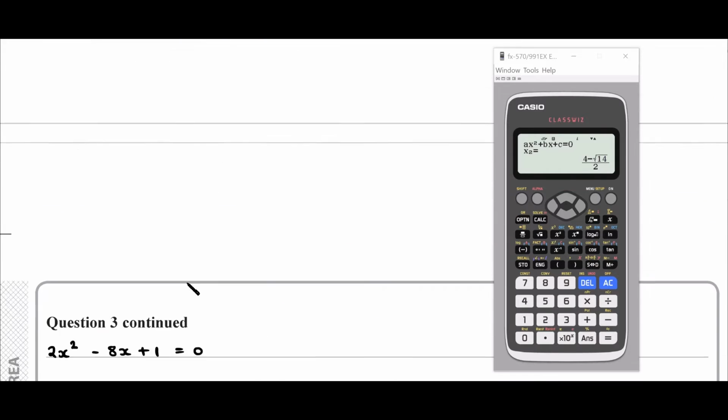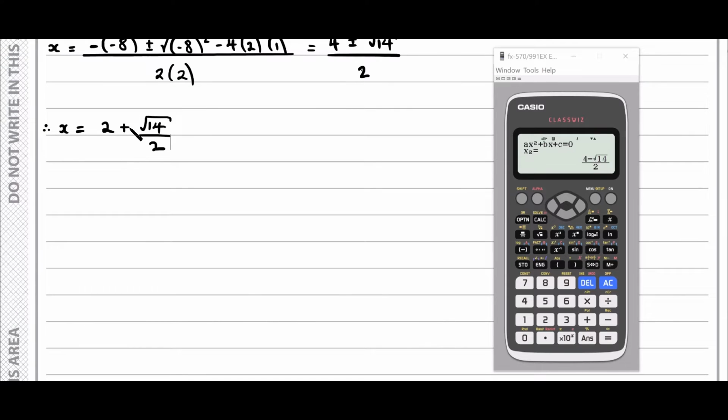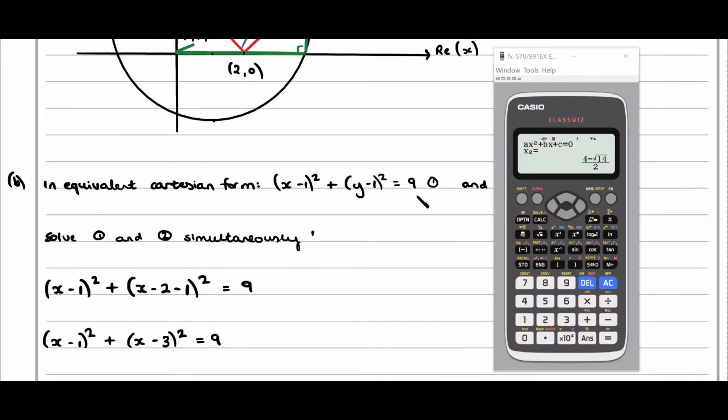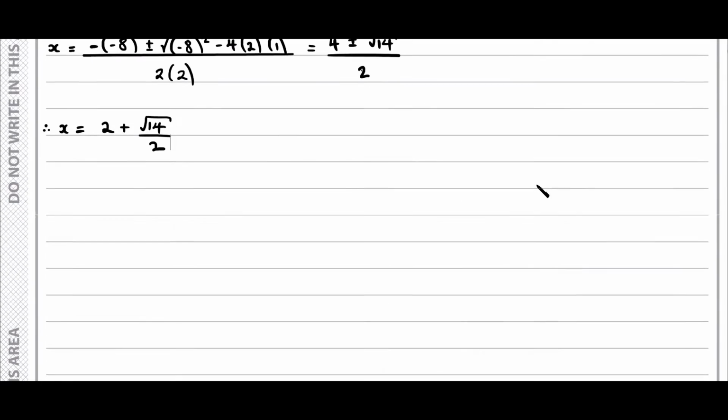So we just want the positive solution, and we know what the equation for y is. That would be x minus 2. So we can conclude y is equal to 2 plus root 14 over 2 minus 2, which is root 14 over 2.